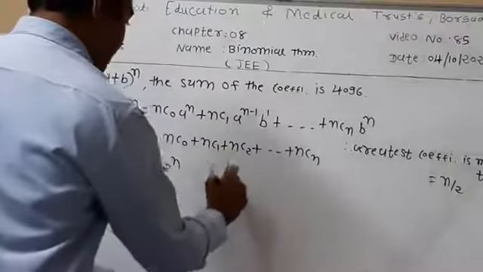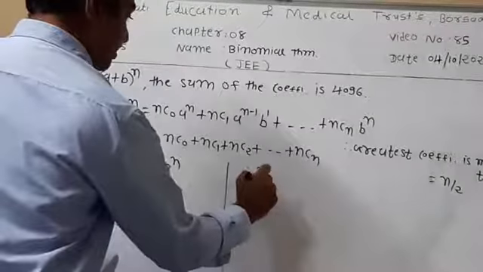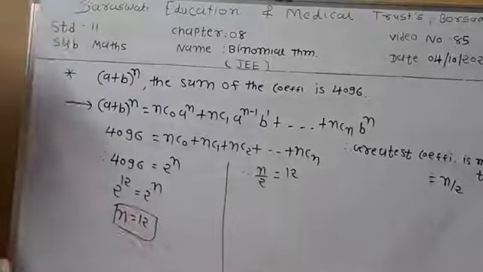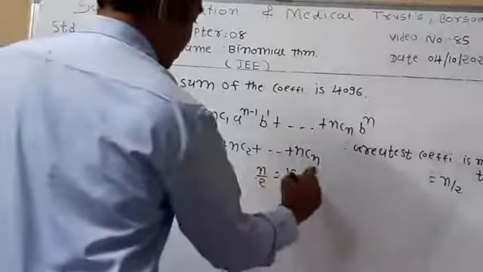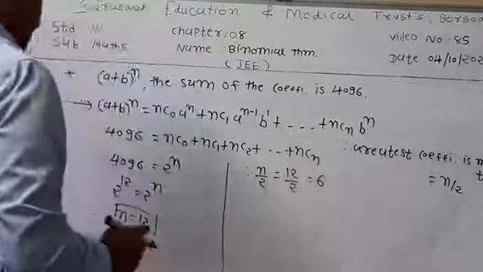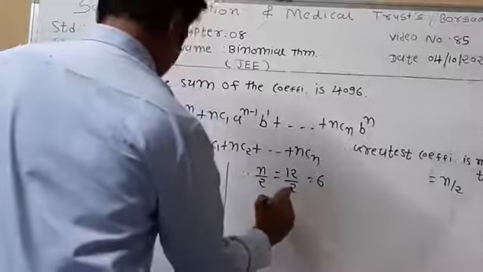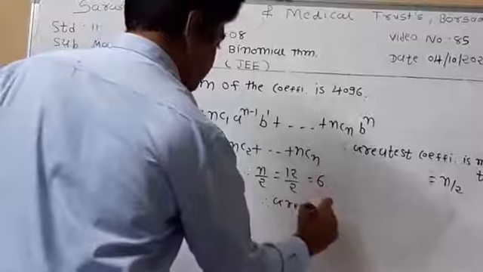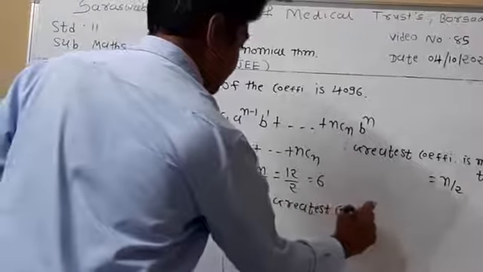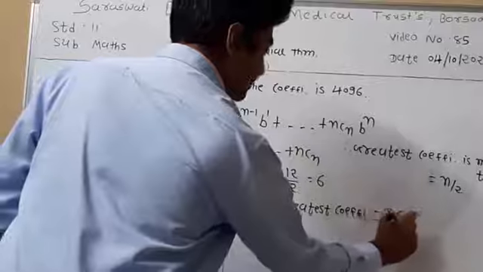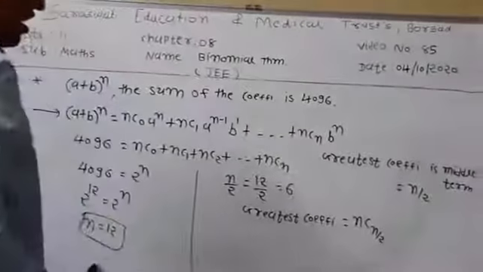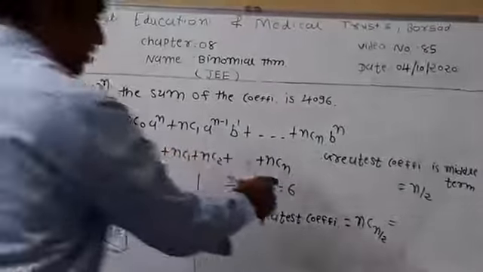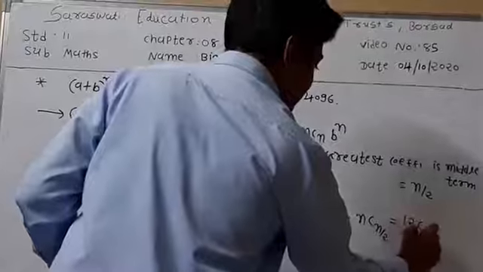So now n by 2 is equal to 12, meaning here n is equal to 12, so 12 by 2, that means 6. So the greatest coefficient is equal to nC(n by 2), and here we get 12C6.